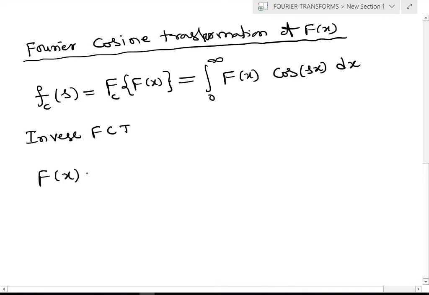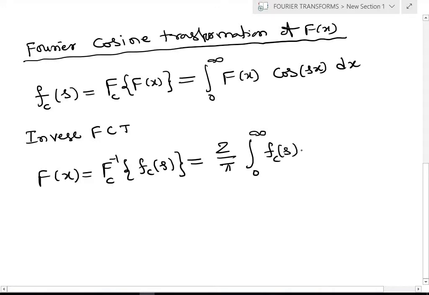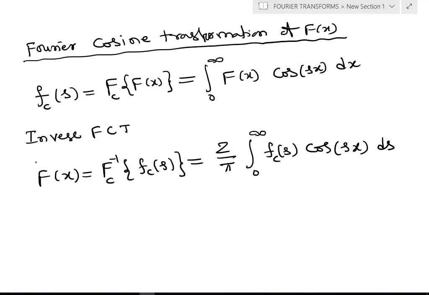The inverse cosine transformation of F c s is equal to, remember the factor 2 by pi, the integral from 0 to infinity of F c s cos of s x, with integration with respect to s. Don't forget that, otherwise it will be a problem.